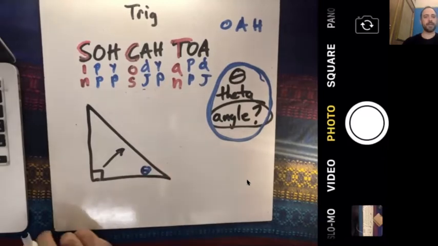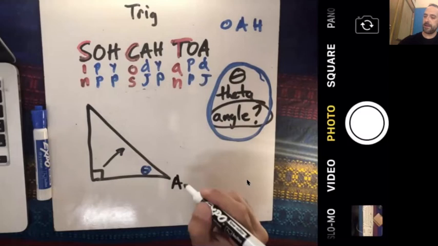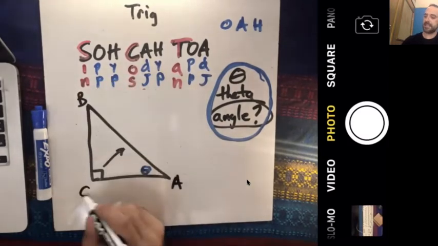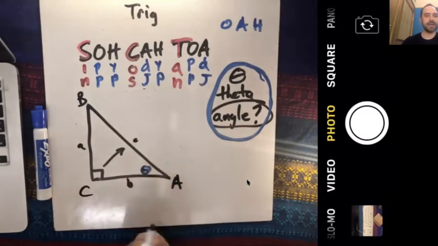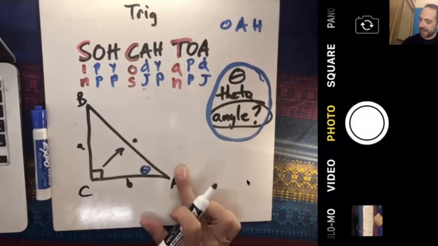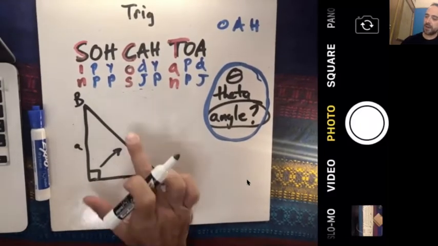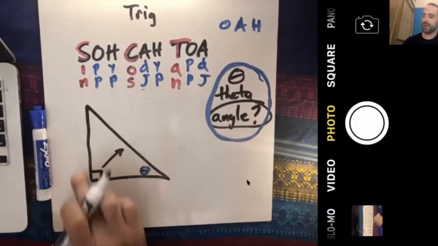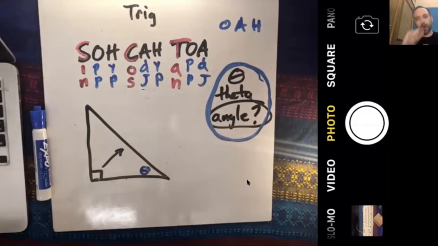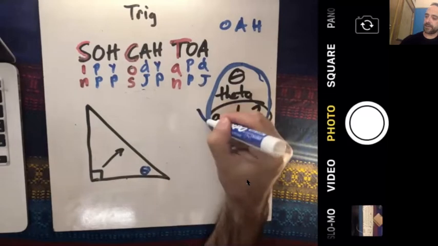Now, they may have it where they're calling this A, B, and C, which corresponds to side C, side A, side B, right? But it doesn't matter. Don't pay attention or try to make rules based on how these vertexes are labeled. Forget that. It's easier than that. I promise you, okay? All you have to do, step one, where's your theta? We found the theta, it's right here, okay?